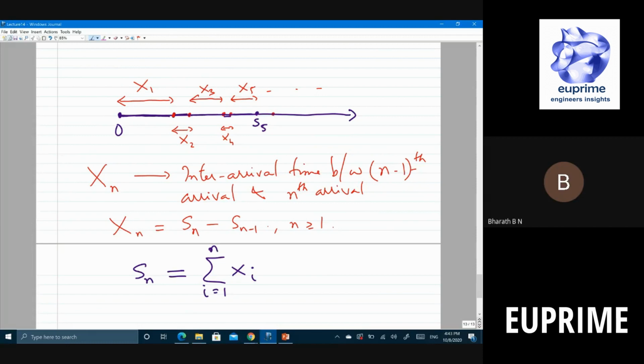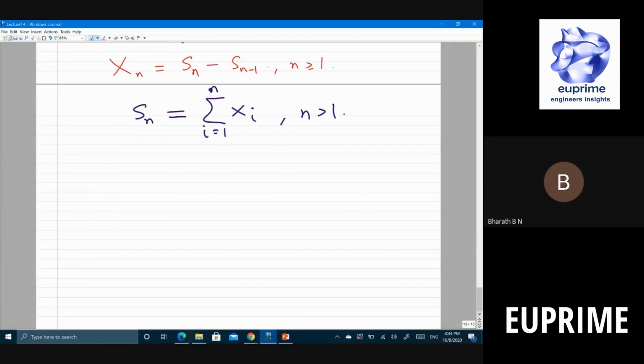Do you agree? This is true for all n greater than or equal to 1. Okay. So typically, people describe this arrival process through the Xi's, that is, the inter-arrival times. Okay, is that fine? Everyone understood what this is? Okay.